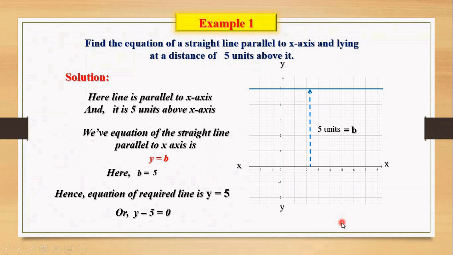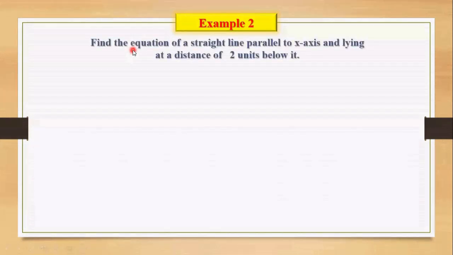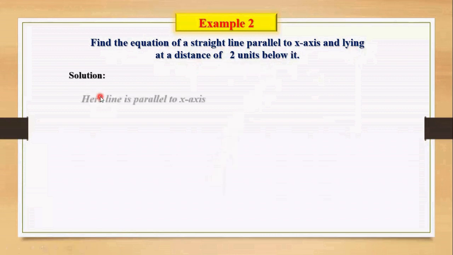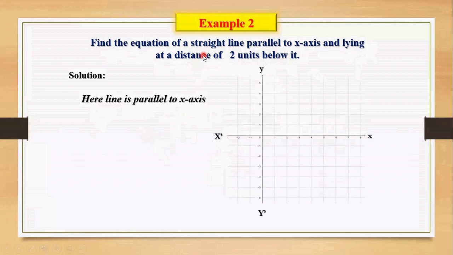Let's see one more example. Example 2. Find the equation of a straight line parallel to x-axis and lying at a distance of 2 units below it. Here also two conditions are given. The first one, the line is parallel to x-axis, and the line is at distance 2 units below x-axis.